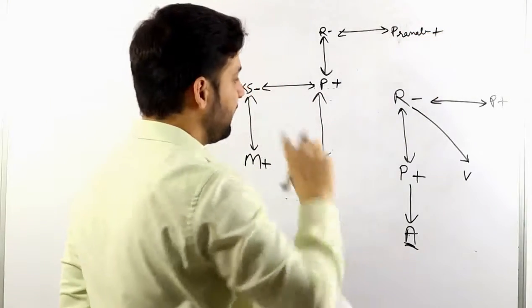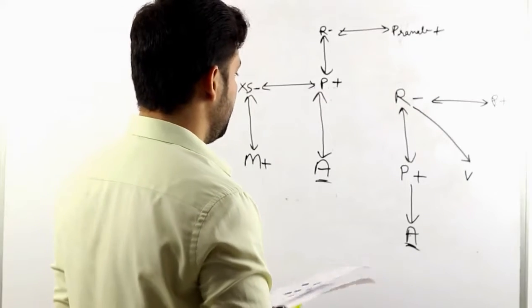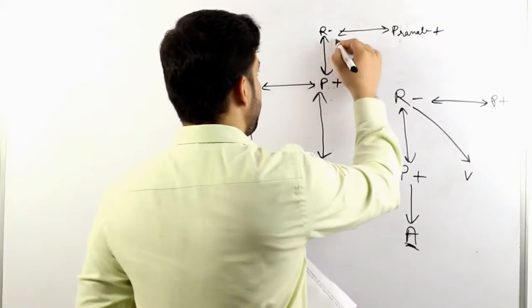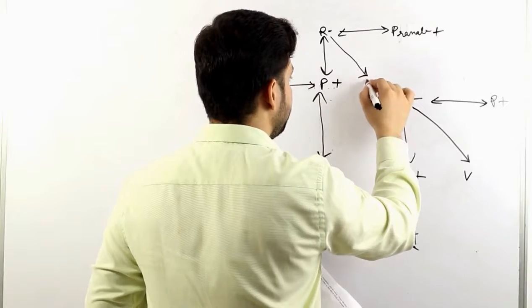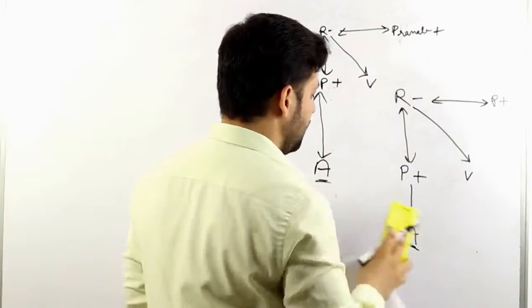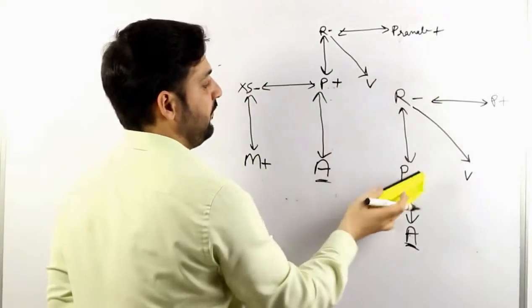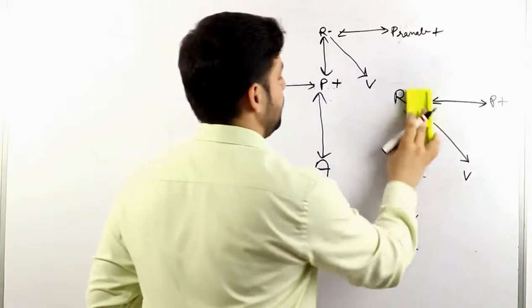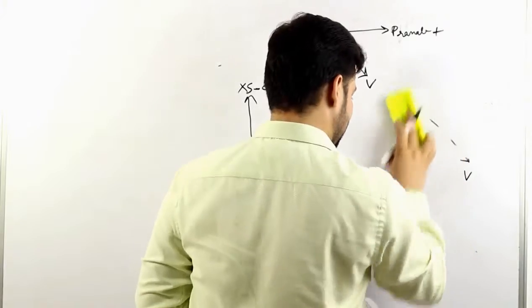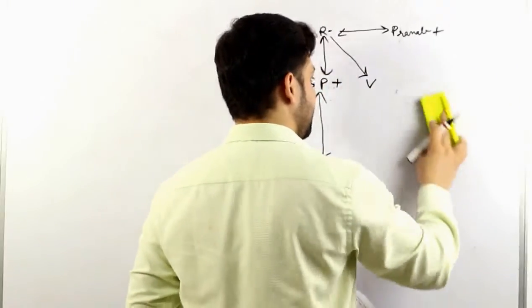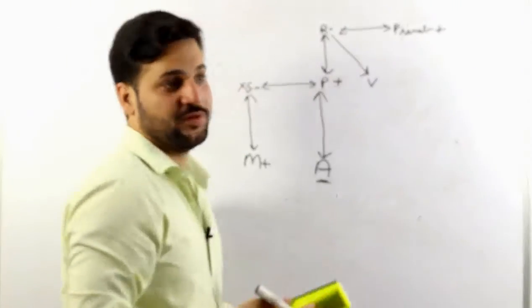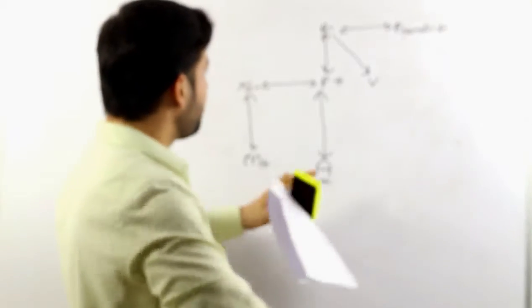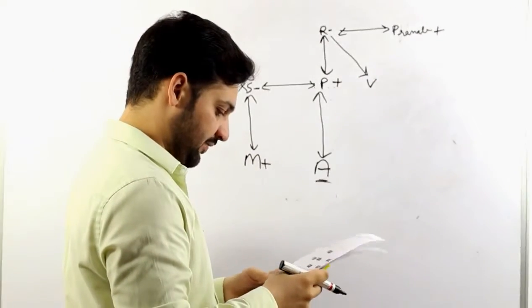Then here is Mr. Vikas. Okay, now we don't need this graph. We have put all the values from this graph into the main graph, so let's delete this. Remove this. Now we have completed this graph.